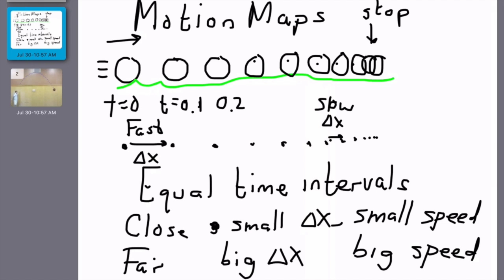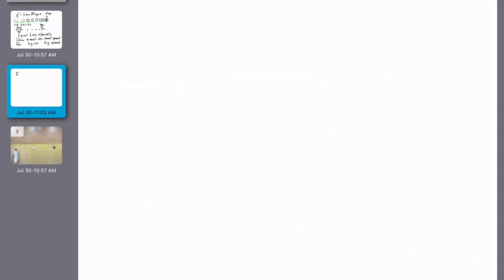Okay, so let's try one here. Here is an object, and I'm just going to do it like this. So it's going like that, and then it's going like that.